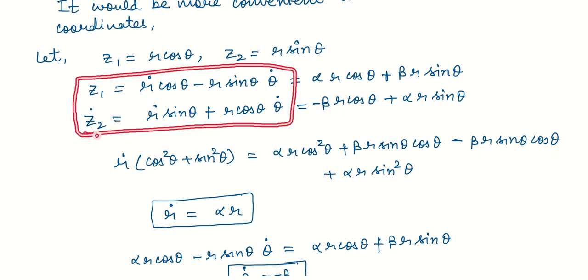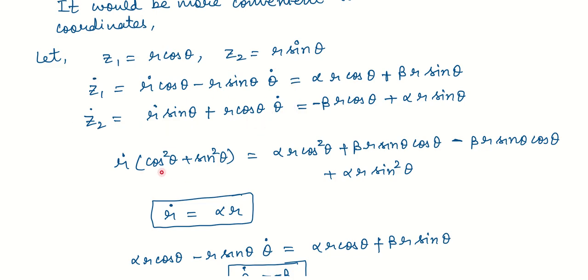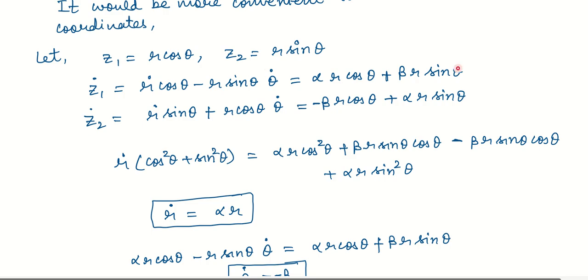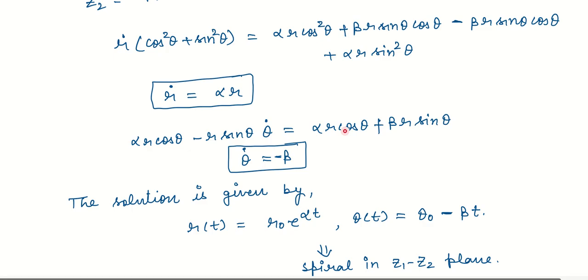After this, we can solve these two equations and we will get R dot is equal to alpha R, and similarly theta dot is equal to minus beta. So we have these two equations.